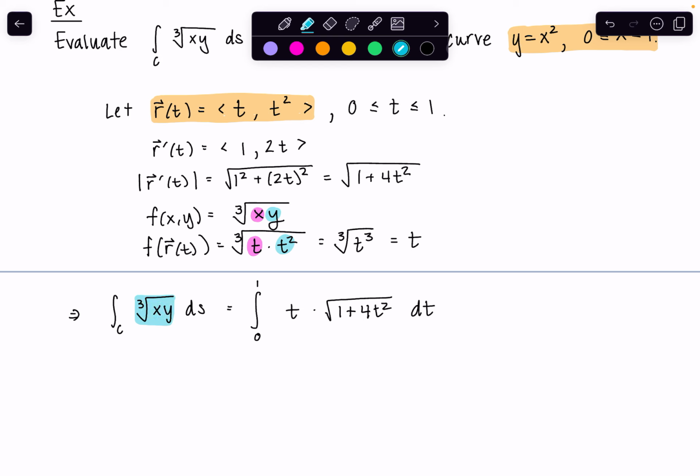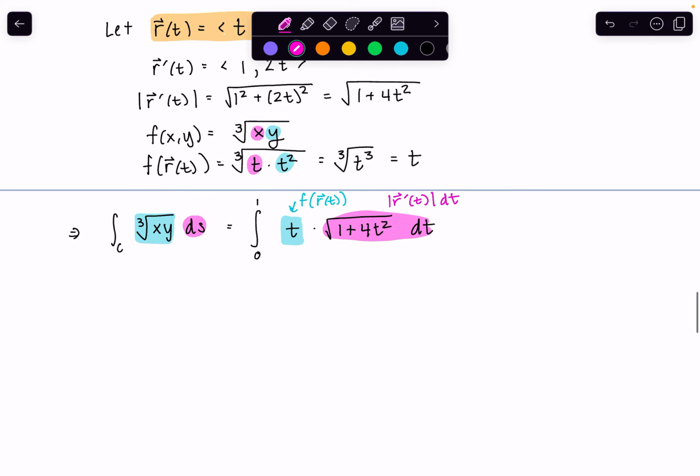So again, just to separate these pieces for you, this turned into t. This is the function evaluated on the curve. And then the ds turns into this piece here, because this is the magnitude of r prime of t dt. Okay?